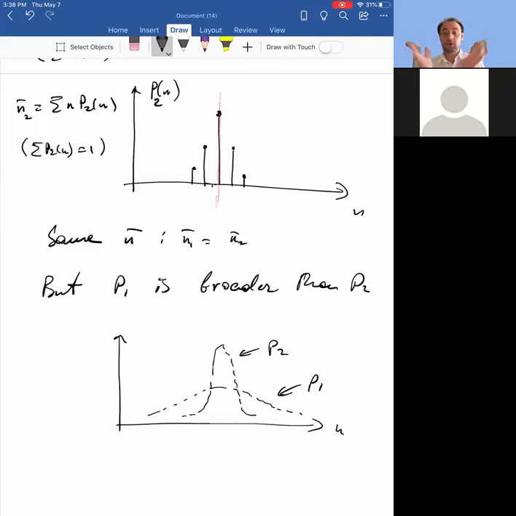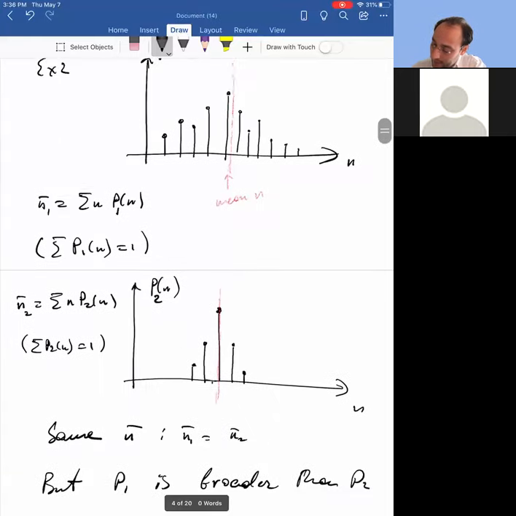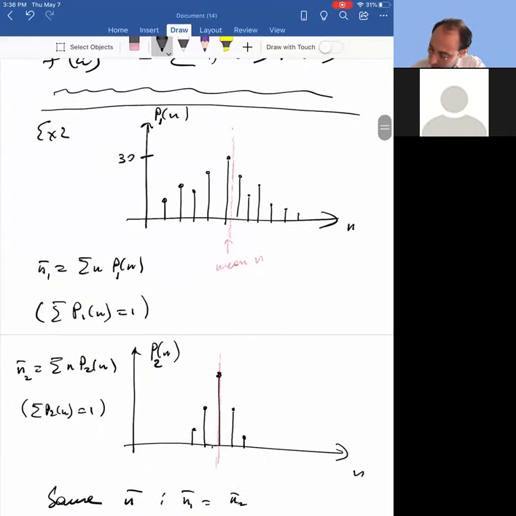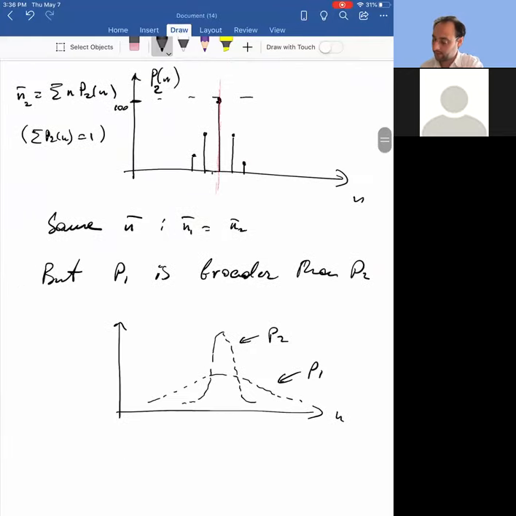So if one distribution is narrower, it has to compensate by being taller. For example, this could be something like 30, and this would be something like 100. So this is a narrower but taller distribution. P1 is broader than P2, and if you plot them on the same scale, it would look something like this.